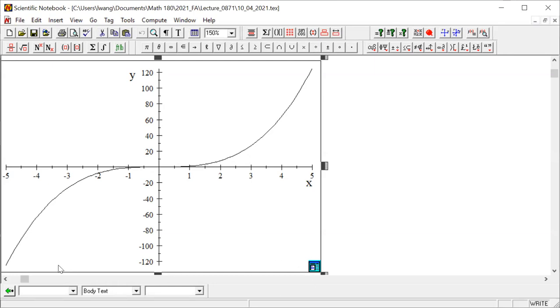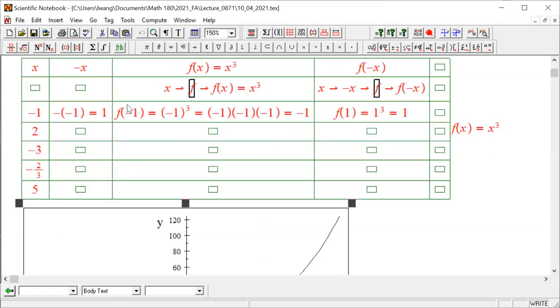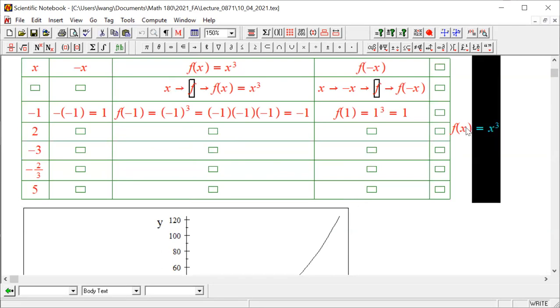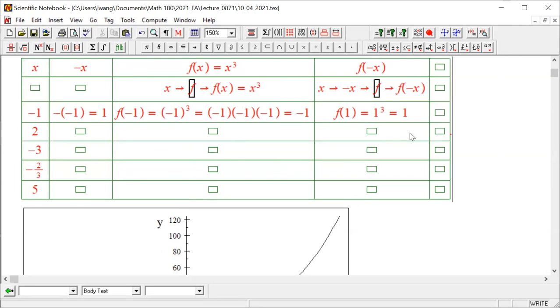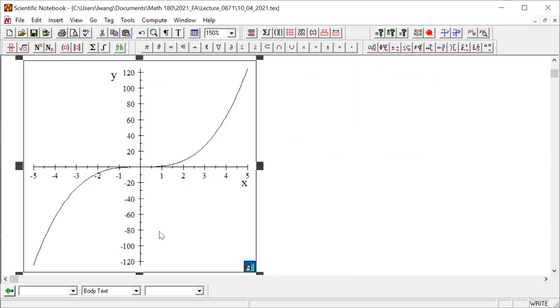Bruce, did you write down the table? Because I'm just going to mark a few points on the graph and show it to you. So you work on the algebraic part. Nobody said anything, so I assume everybody's good.